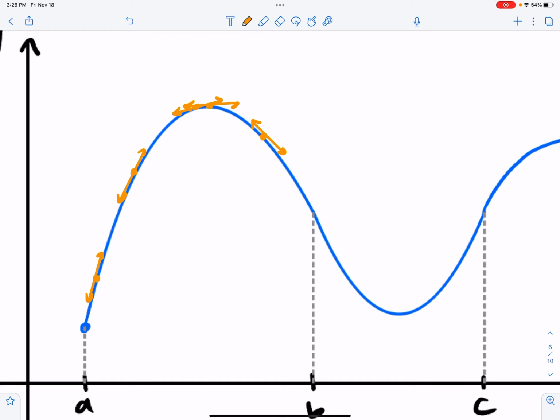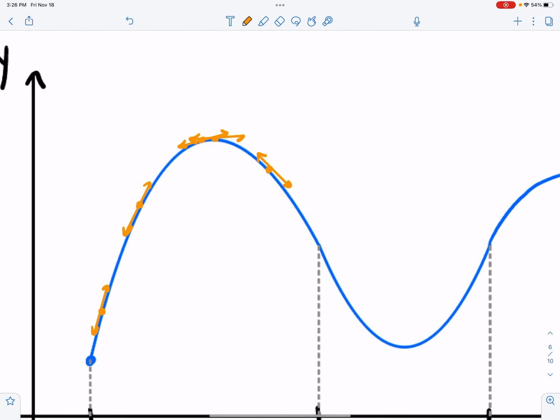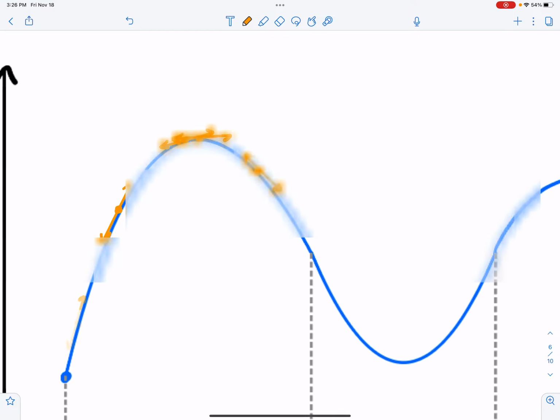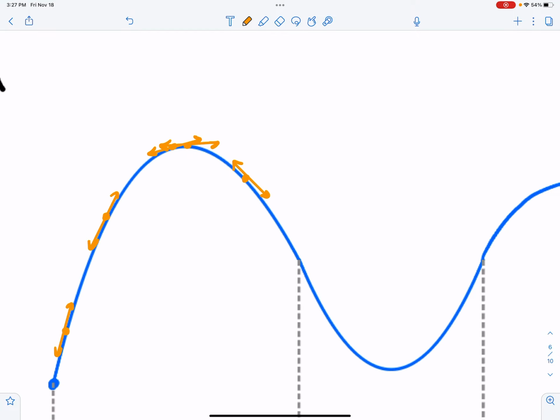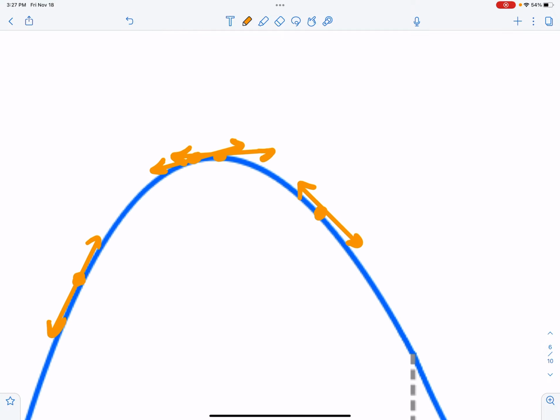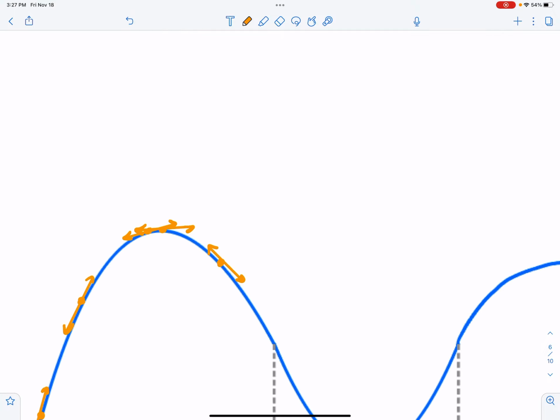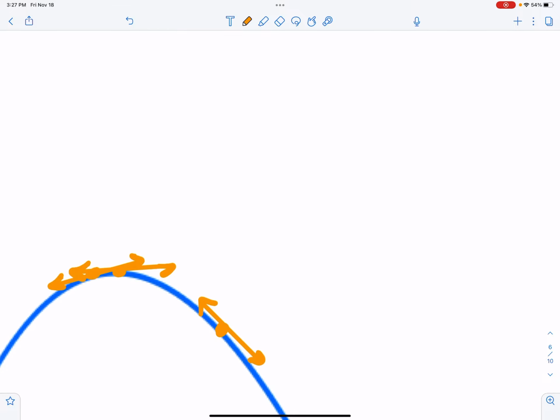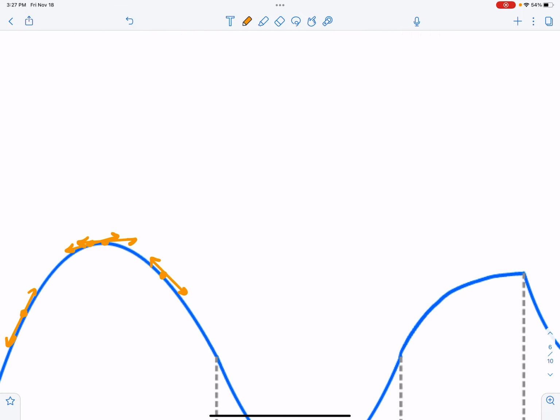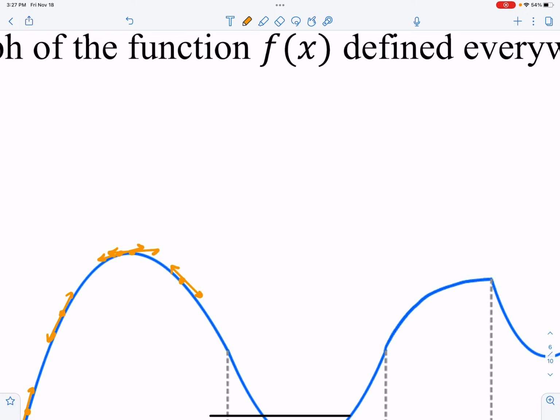So if we think about what's happening to the outputs of f prime on the interval from a to b, we could say that f prime would be decreasing on that interval, right? If we were to assign values to the slopes, we could think like going from 2 to maybe 1.5, to maybe 1/2 or 0, and then into the negatives.